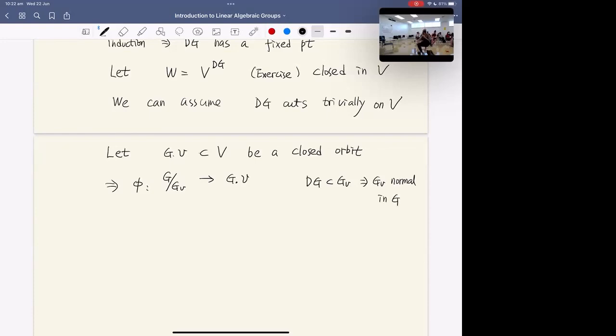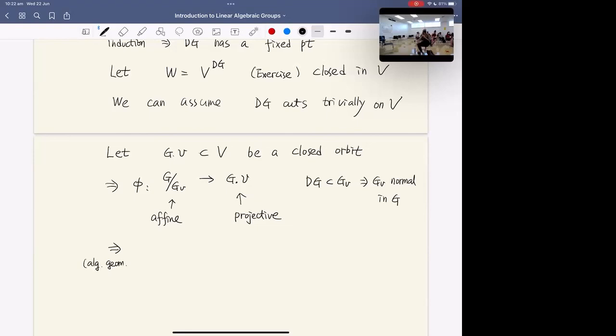So from our discussion of quotients, this is an affine variety, and it's actually an affine algebraic group. And now the right-hand side is projective, and this map is actually bijective. So I use some algebraic geometry fact, which we can just take for granted for now.